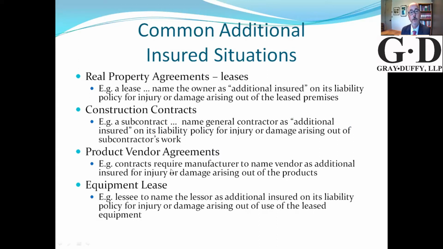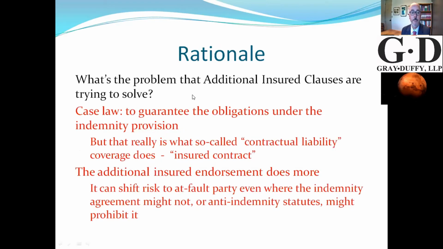On product vendor agreements with larger vendors, the contracts might require the manufacturer to name the vendor as an additional insured for injury or damage arising out of the products. And finally, on an equipment lease, the lessee may be required to name the lessor as an additional insured under its liability policy for injury or damage arising out of the use of the leased equipment.